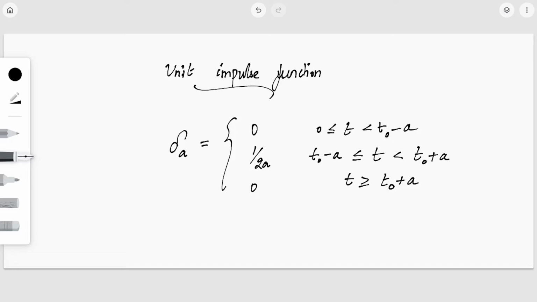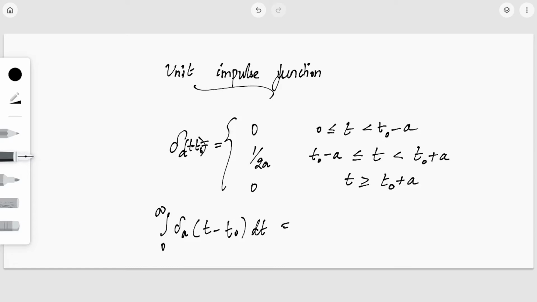Also, if you take the integral from 0 to infinity of delta a of t minus t dot, what do we get?